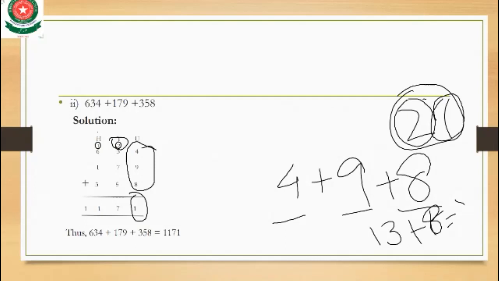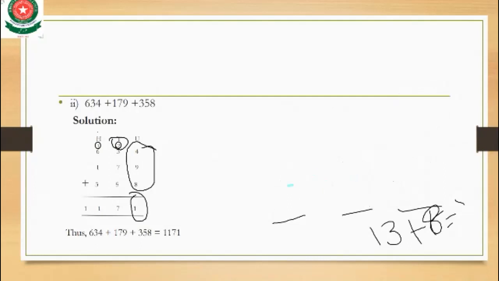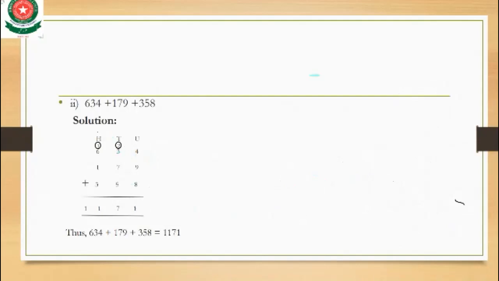3 plus 7 plus 5. Add these three digits. First is 3, second is 7, third is 5.